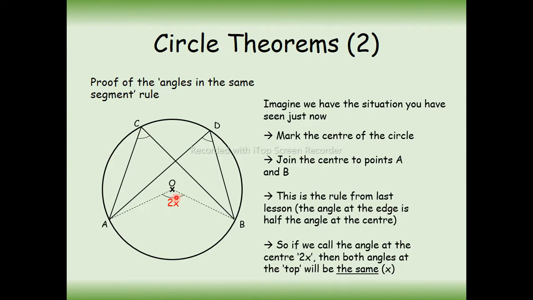So if this is 2x, then we know that these ones are going to be x, and that's how we know that they're going to be equal to each other. That's the proof of the bow tie rule.